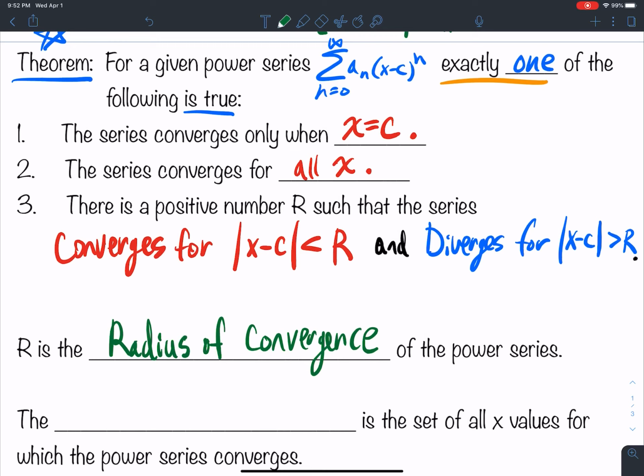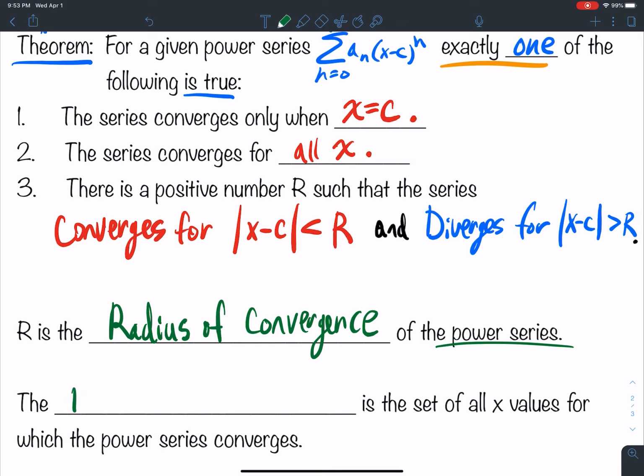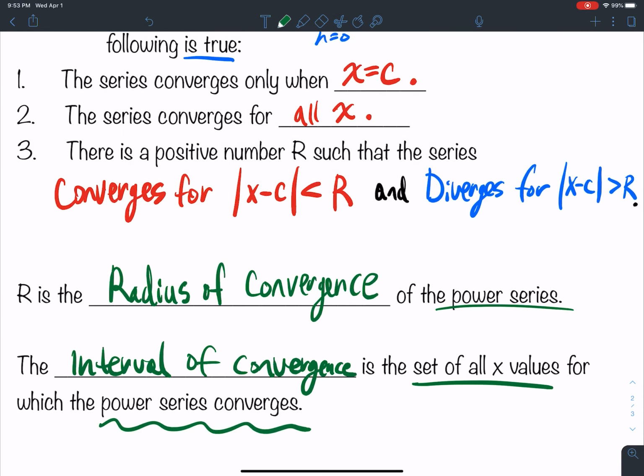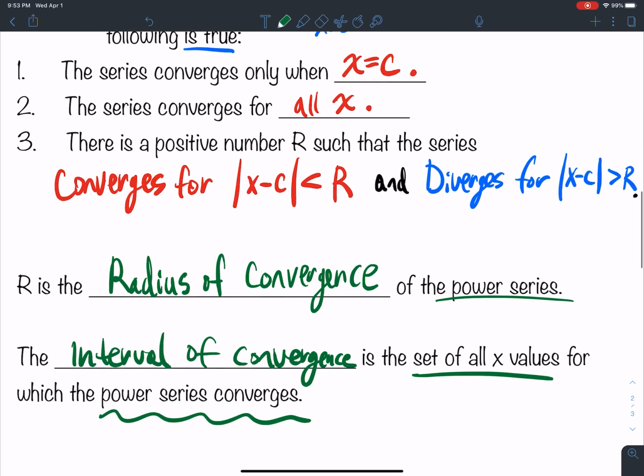So the radius of convergence of a power series, that's what r is. When we're talking about a radius of convergence, we're talking about some interval on a real number line. The interval of convergence is the set of all x values for which the power series converges. So the interval of convergence is everywhere the series converges.